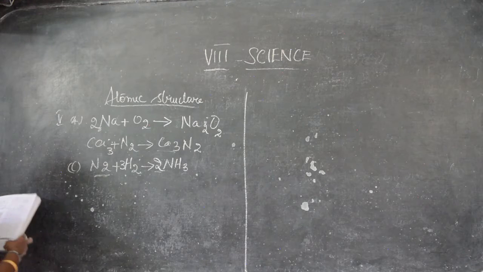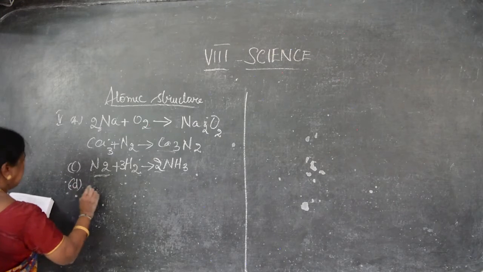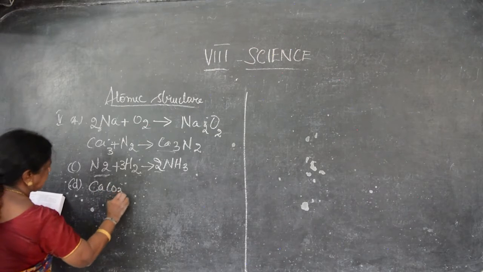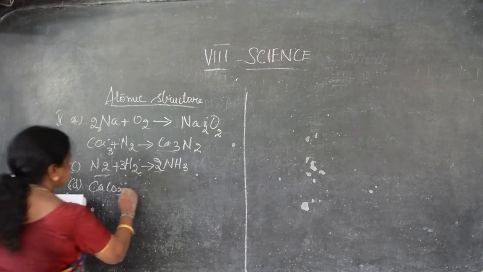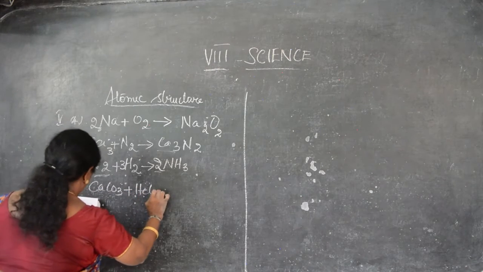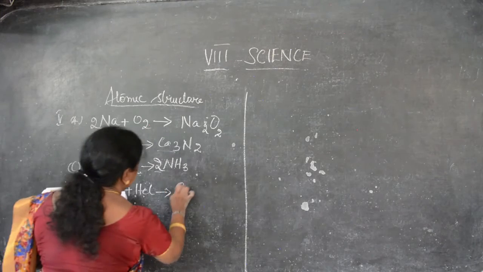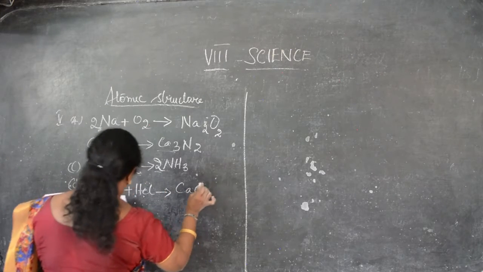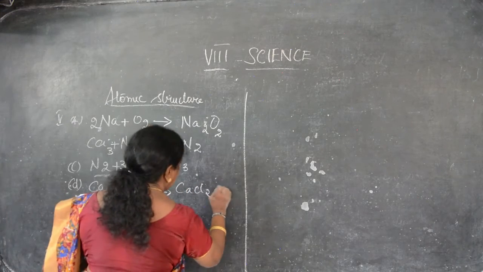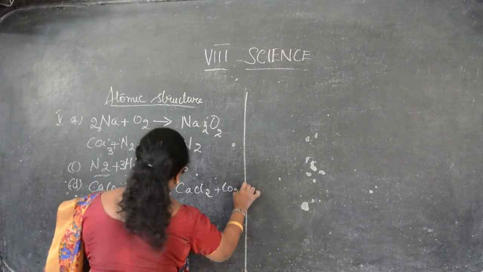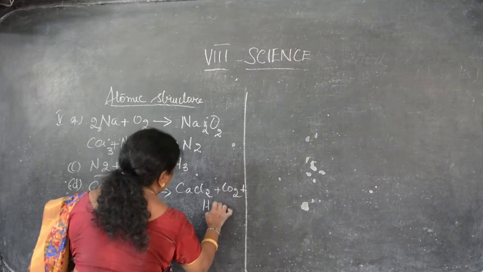And the next one, D, CaCO3, that is calcium carbonate plus hydrochloric acid gives calcium chloride plus CO2, carbon dioxide plus water.